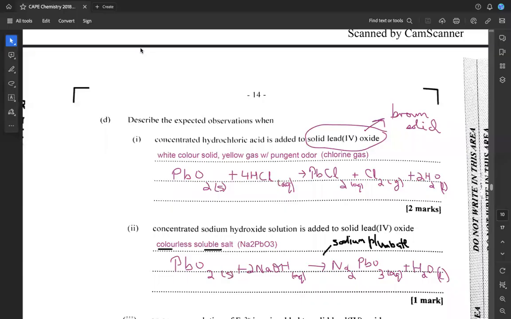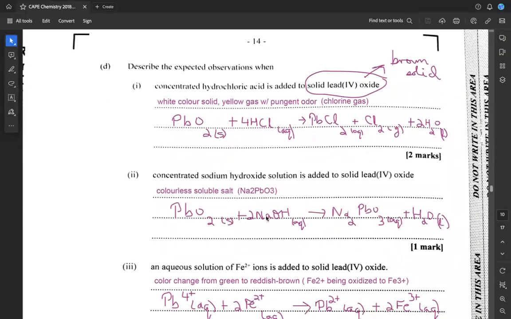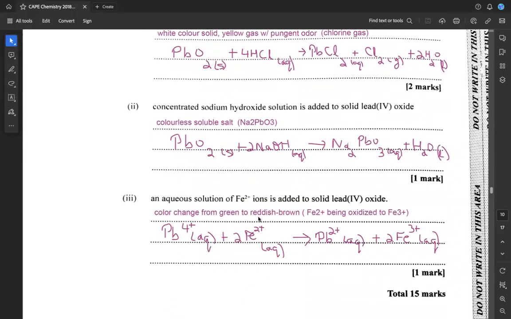All right. So moving down now to the final reaction that's taking place here, for which they want us to give an observation, we're going to have an aqueous solution of Fe2+ ions, and we're going to just add that to our solid lead oxide. Remember now, we said lead oxide doesn't want to be in this particular oxidation state.